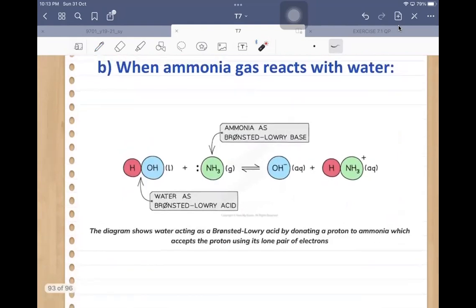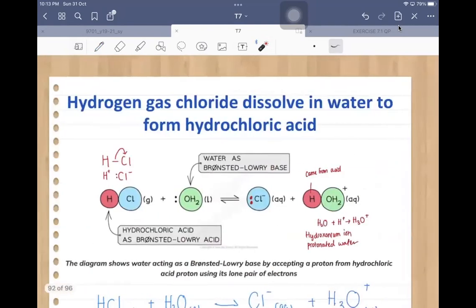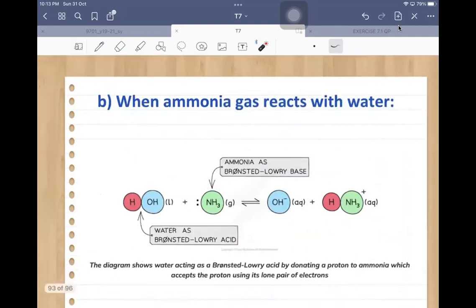Next, it works with bases as well. Same thing, but notice that even though water, we don't usually define water as acids and bases, right? But because water is already accepting a proton, it now becomes a proton acceptor, which is a base. Next example, we look at ammonia when it reacts with water.